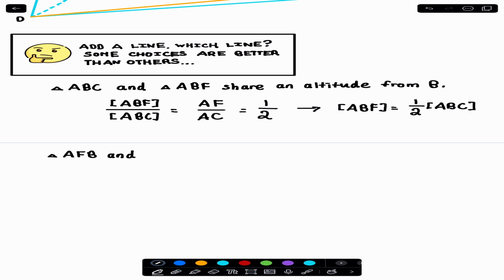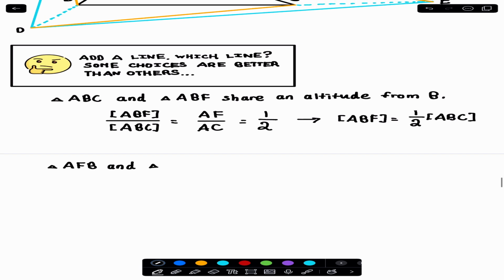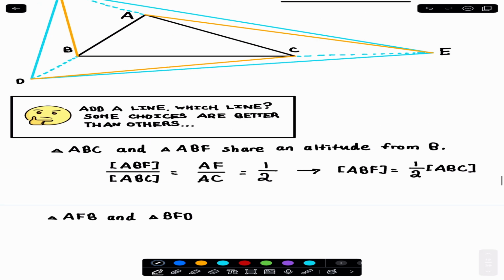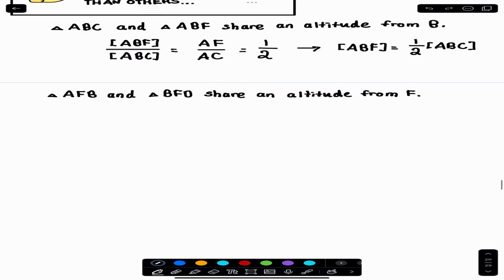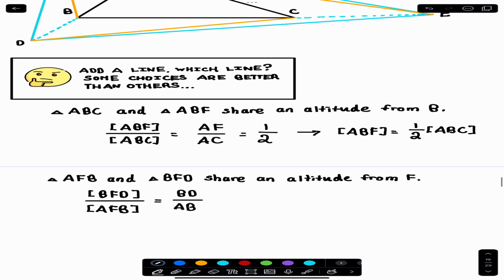Triangle ABF and triangle BFD share an altitude from F. This means that the ratio of their areas is equal to BD over AB.